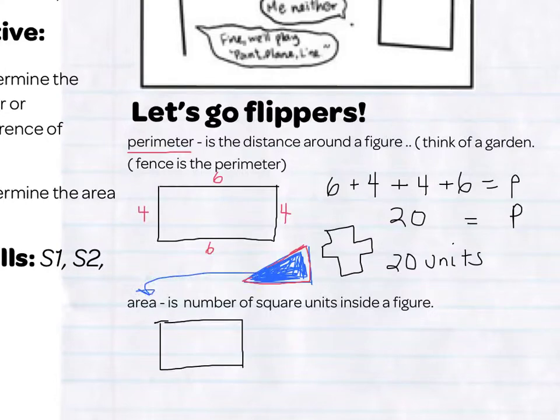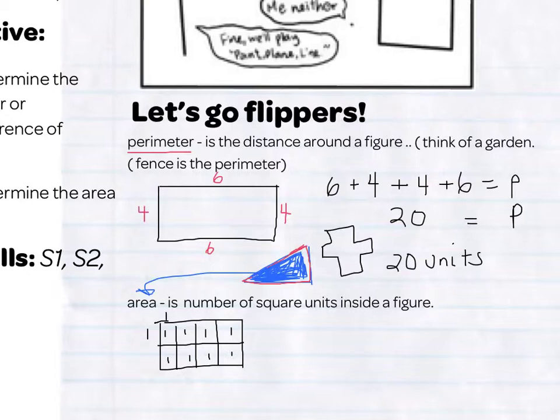Area is the number of square units inside of a figure. Here's my figure, and I'm going to put some squares inside of it. The squares are 1 by 1 squares, so the area of each box would be 1, 1, 1, 1, 1, 1, 1, 1.